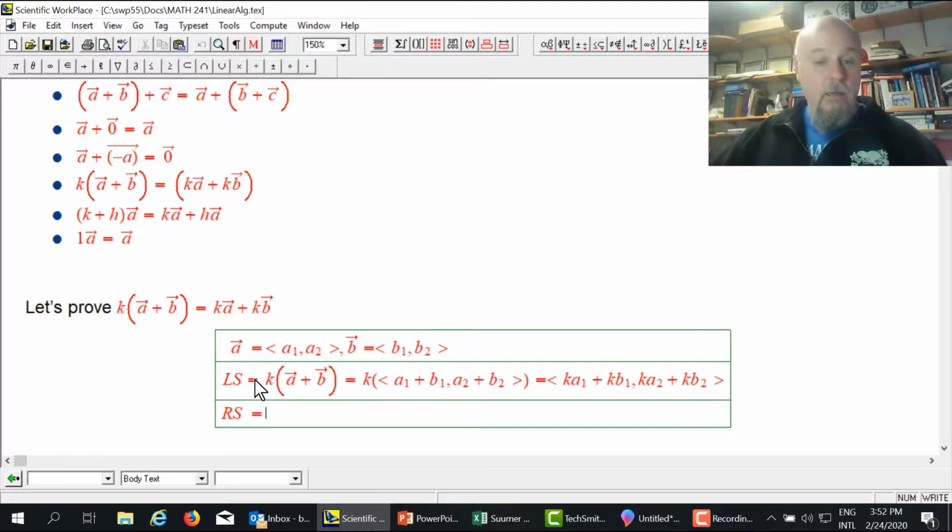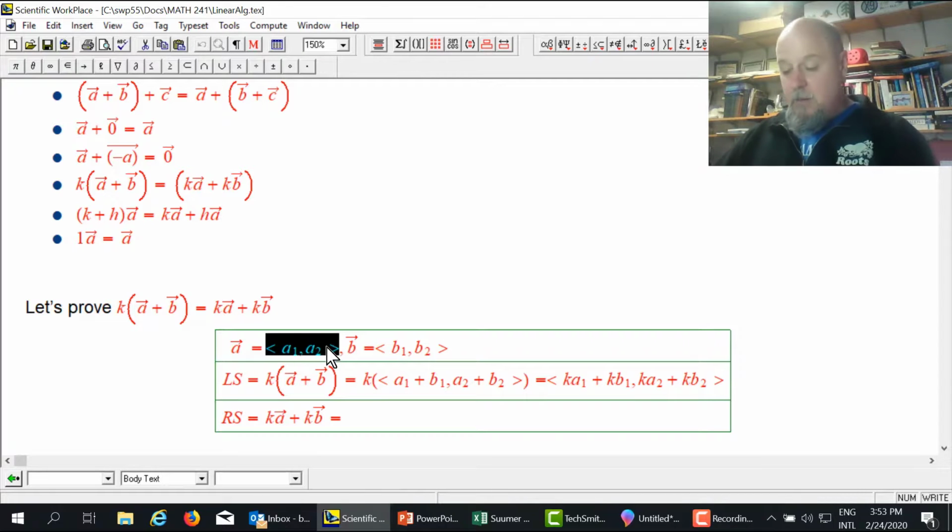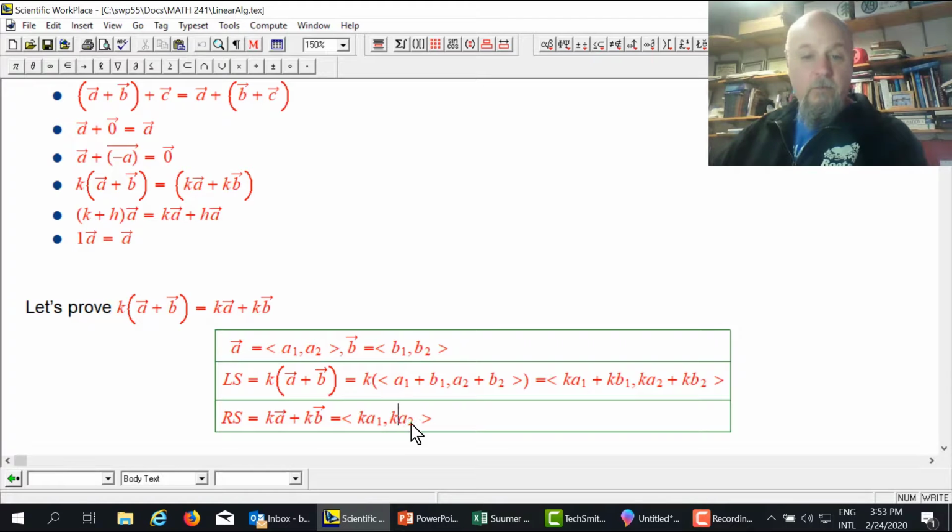Now the right side of the thing I'm trying to prove is equal to k times vector A plus k times vector B. So kA is going to be, just take vector A and multiply it through by k, component-wise. Vector kB is going to be, take vector B, multiply it through component-wise.